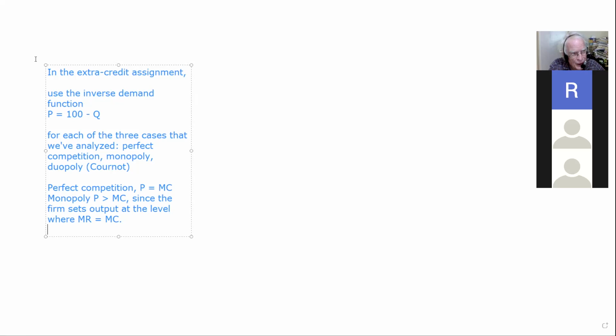So since we have a linear inverse demand function, marginal revenue in this case is 100 minus 2q. Use those results to solve in each case for output, price, and profits.